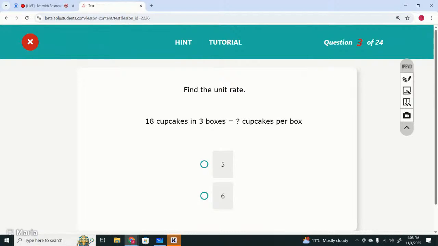Find the unit rate: 18 cupcakes in 3 boxes. So how many cupcakes per box?